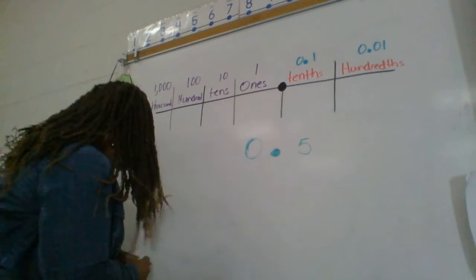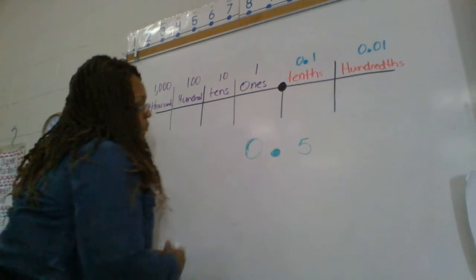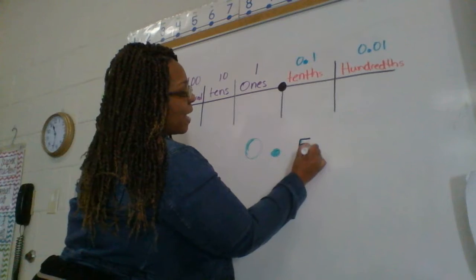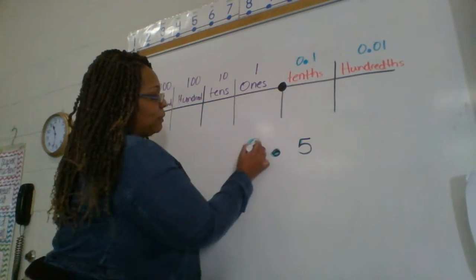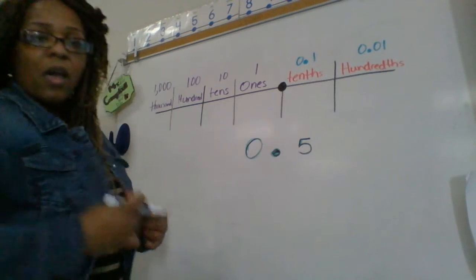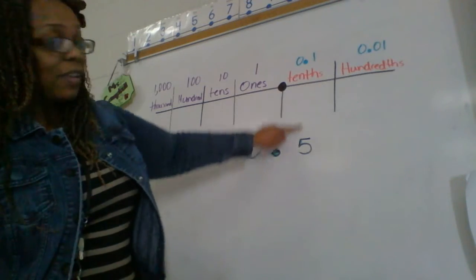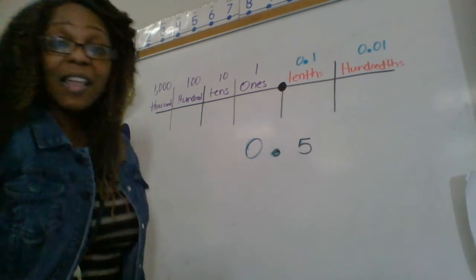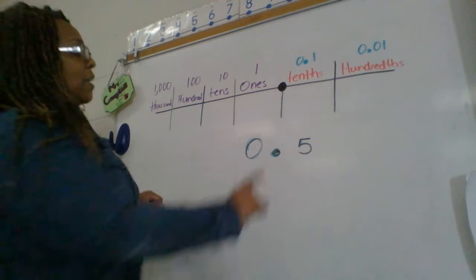I should use black because you can't see that very well. Make that a 5. Decimal. And I moved it back like this, so it's in that tenths place.